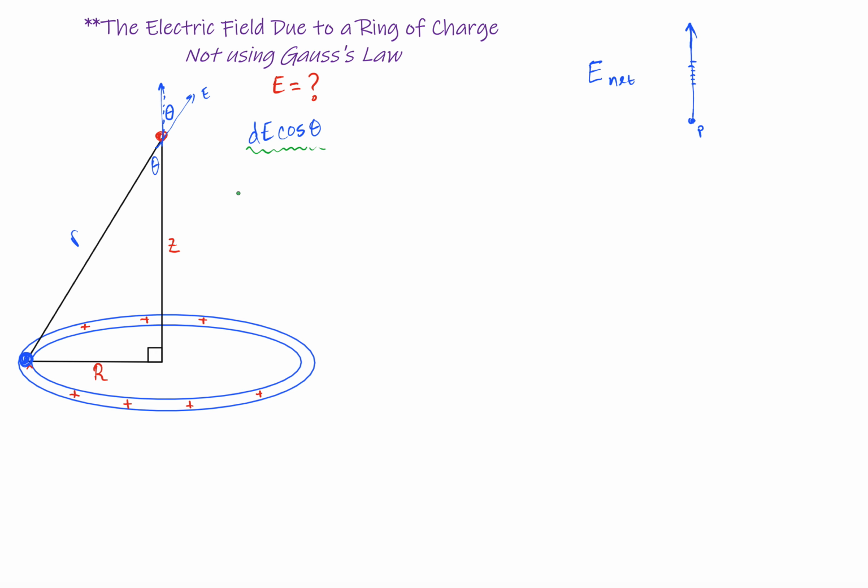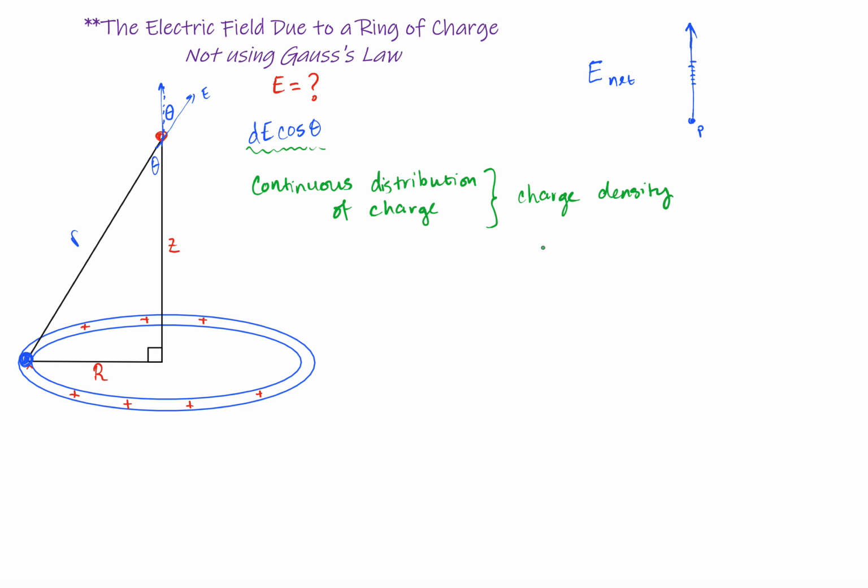Now, when you have what we referred to before as a continuous distribution of charge, what you want to do is use what we talked about before as well, which is charge density. We'd rather describe things in terms of charge density than just total charge.